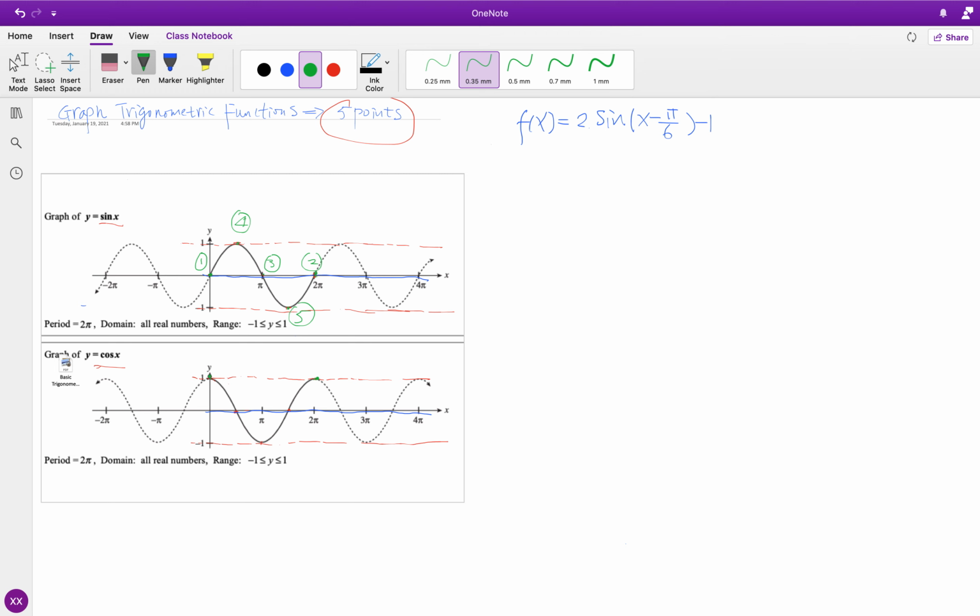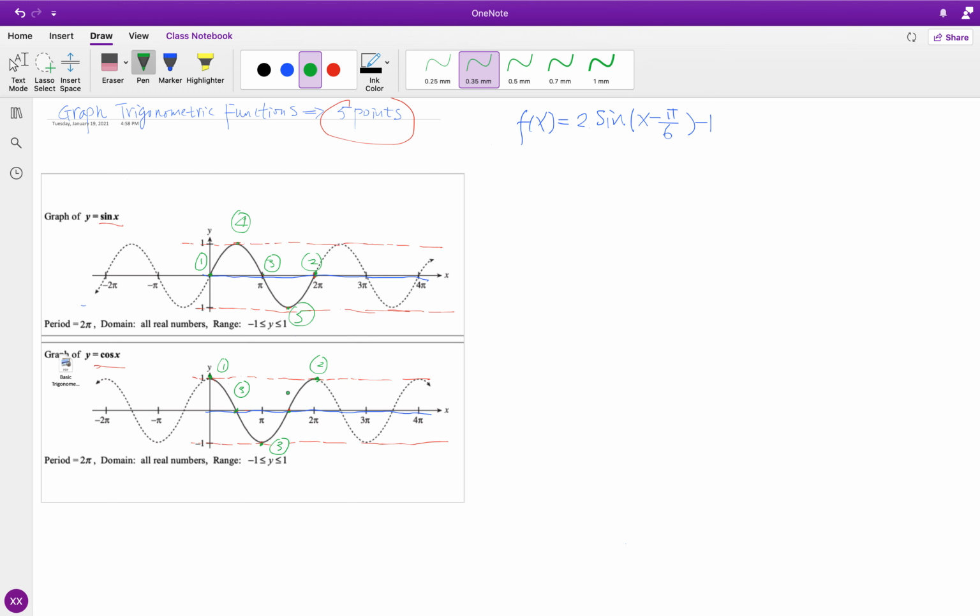Now for cosine, this is our starting point. This is our ending point. And this is our midpoint. See, our midpoint is our mean. And our starting point and our ending point is our max. And then we have our third point here, and this is right in the middle.